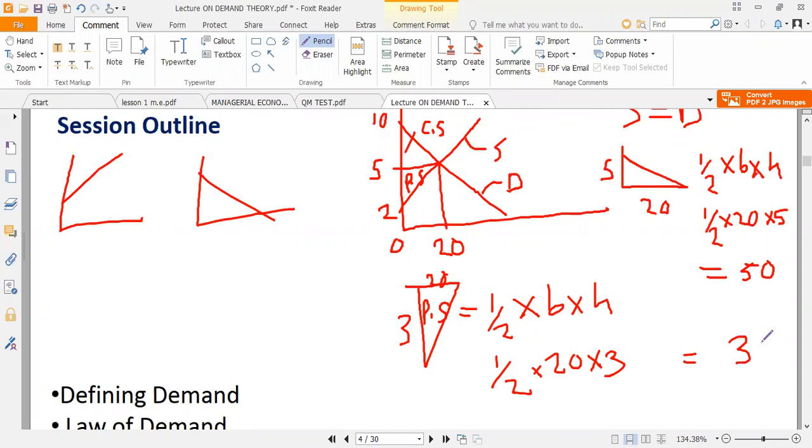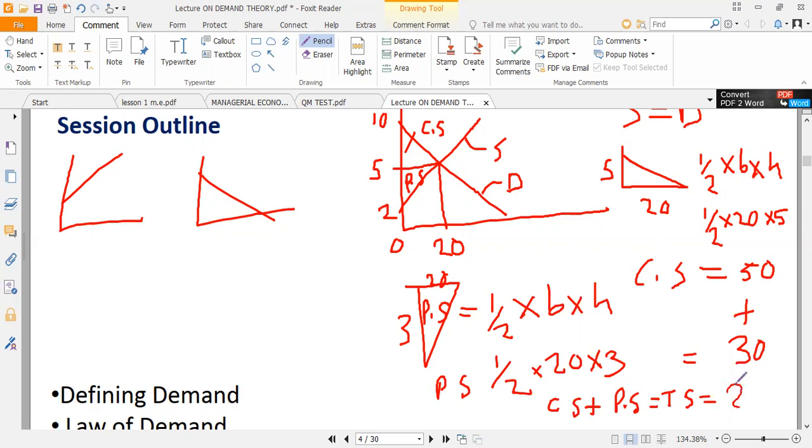So we have our 30 as our producer surplus and our 50 as our consumer surplus. When we add both of them, consumer surplus plus the producer surplus gives us what we call the total surplus. So the total surplus is going to be 80.